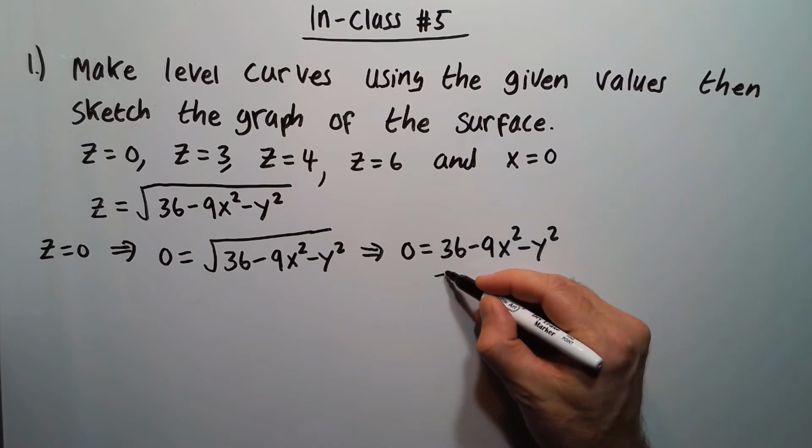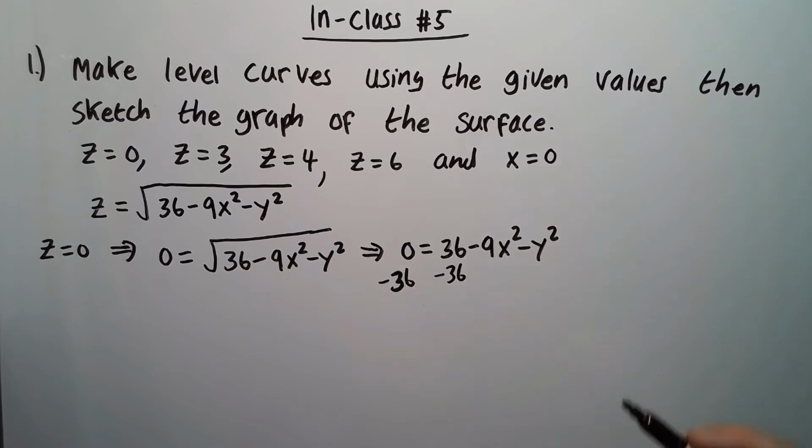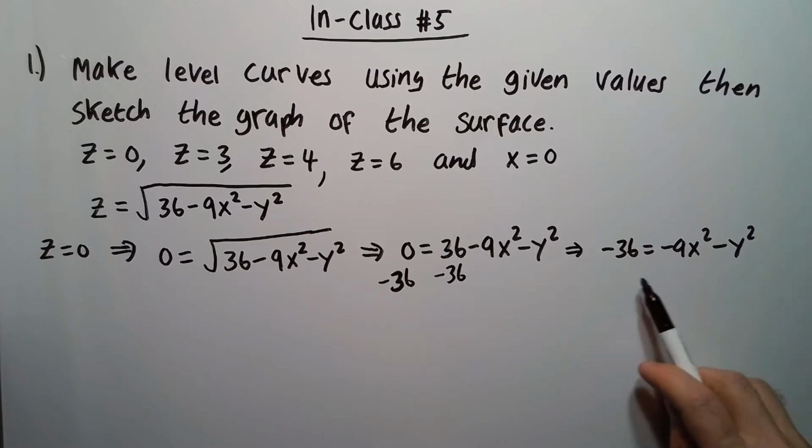Now subtract 36 on both sides. So doing that, we get negative 36 equals negative 9x squared minus y squared, and divide everything by negative 36 now.